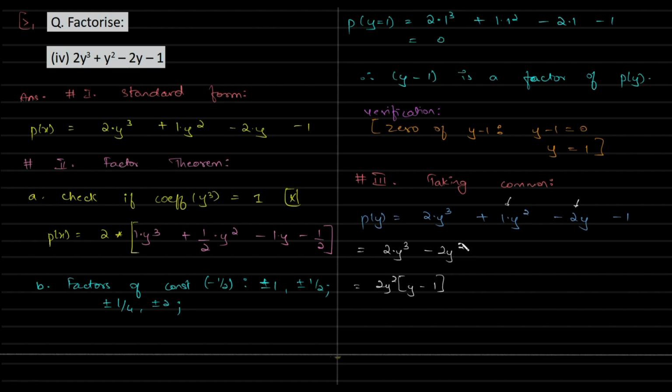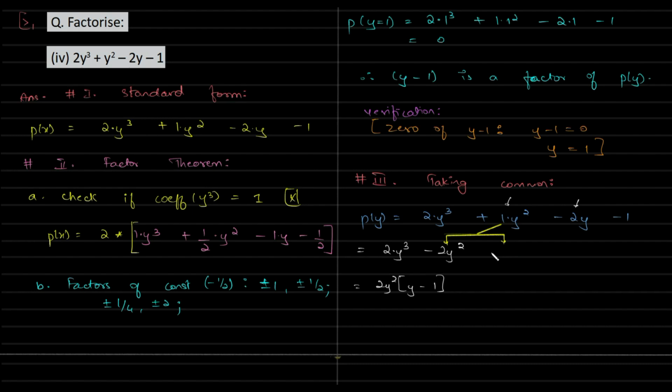So I'm just doing the reverse method. I know the final answer, and I'm writing this after understanding what I need. So next, we need two terms which when added should give me 1y square.